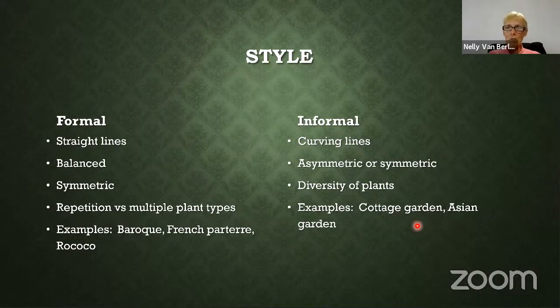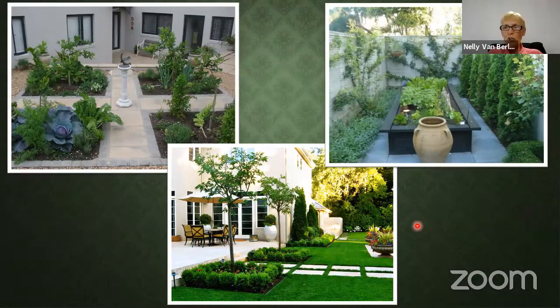So we don't have gardens like Versailles anymore, which of course is a very formal style, but these are modern day formal style gardens. So you've got your parterre here, but instead of boxwood and annuals, they've put their vegetables in. So it's formal but informal. This one has a formal feel just because of all the straight lines, repetition of plant material.